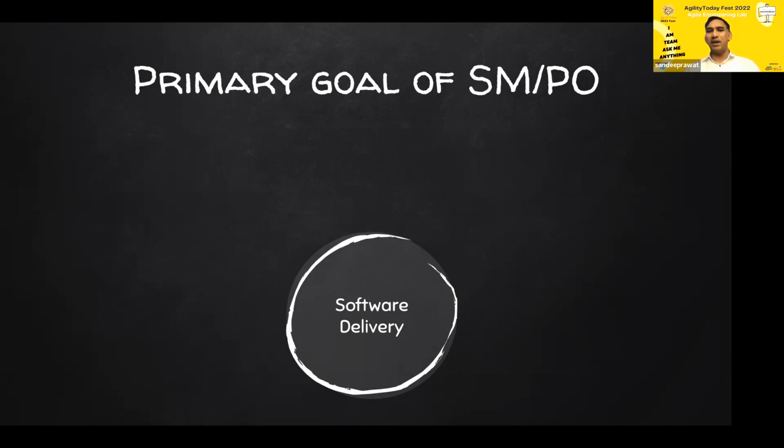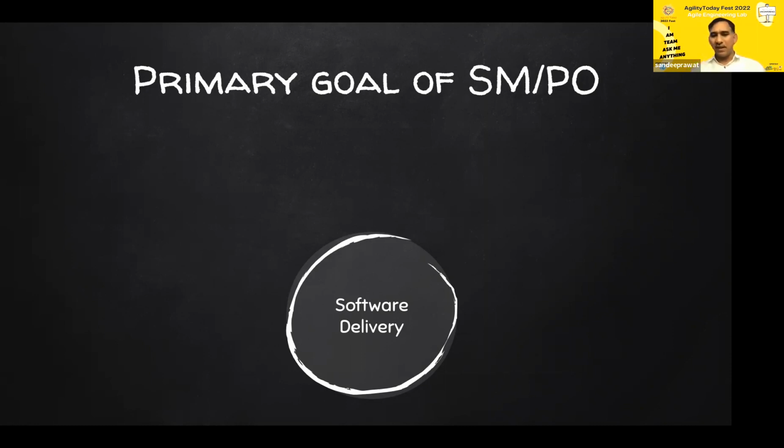But yes, I totally agree with you that it's not only about software. It can be anything, whatever product you are building, a physical product or anything else. But here, since we are talking about DevOps, which is primarily related to software only, that's why I put it like this.